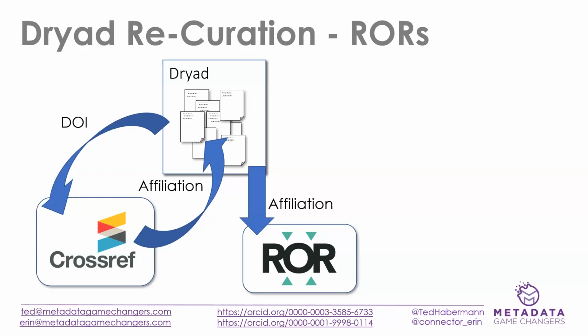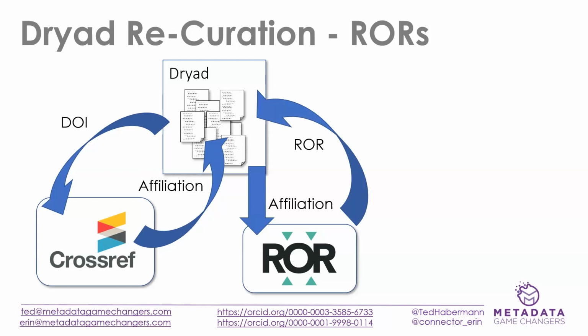And that's really what we were going after. We were going after these RORs that we extracted from the affiliations, and then we put the affiliations back into Dryad, or the identifiers for those affiliations. So adding in the affiliations and adding in the DOIs, the RORs, are two recuration efforts.